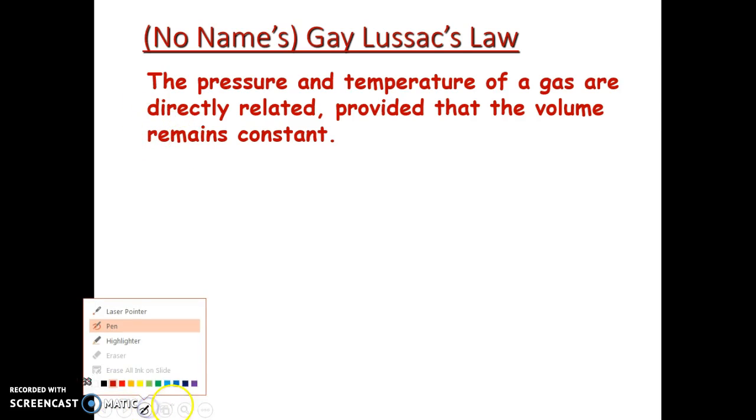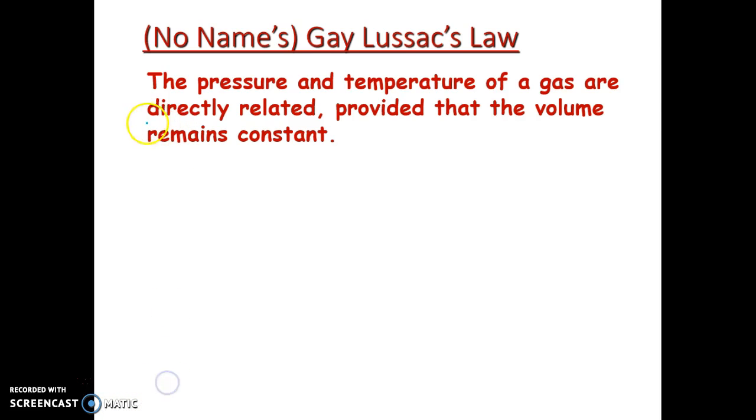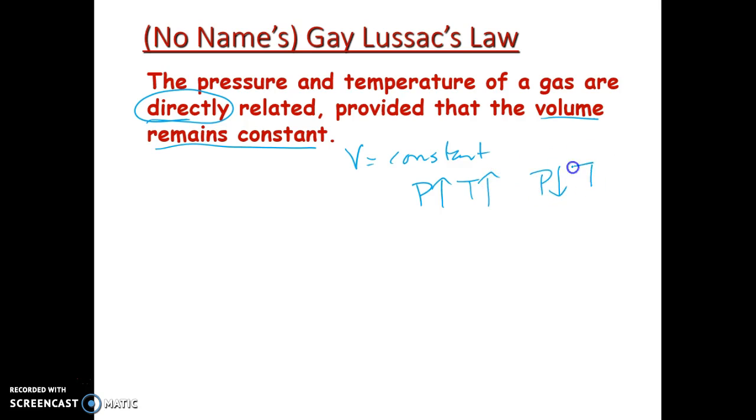Here's another time that we see this idea of a direct relationship, provided that volume remains constant. So V is constant. So that means if pressure goes up, so does temperature. If pressure goes down, so does temperature, and vice versa. So again, you're going to expect something here.